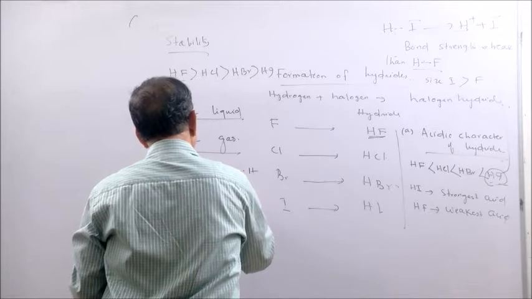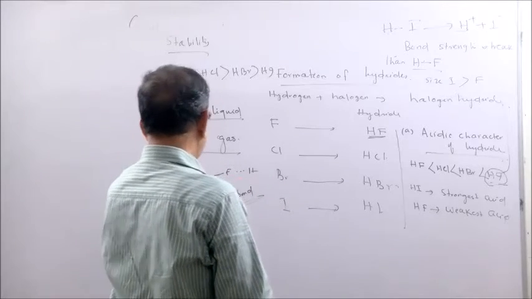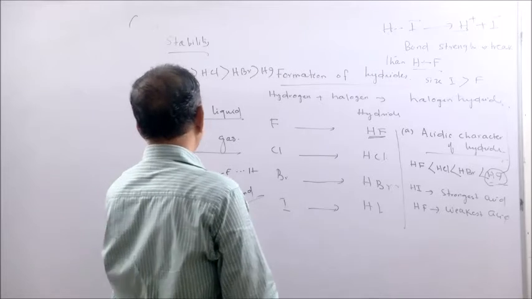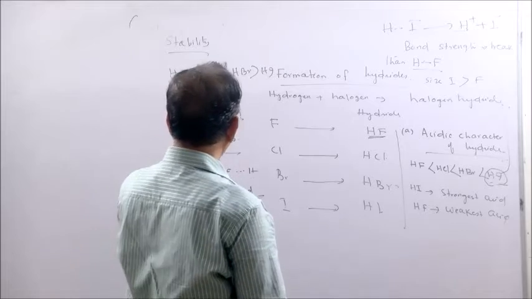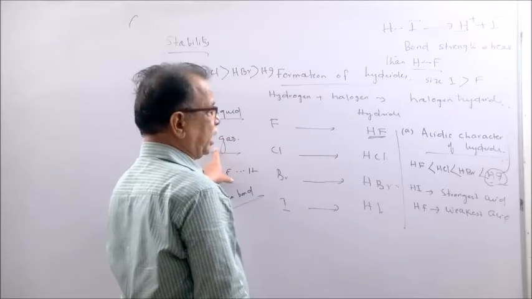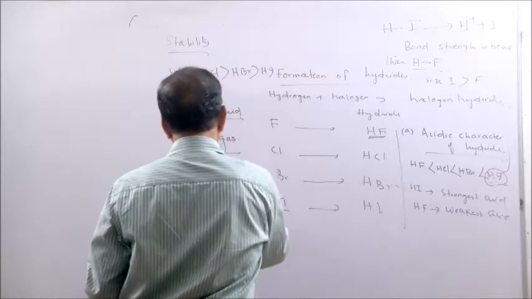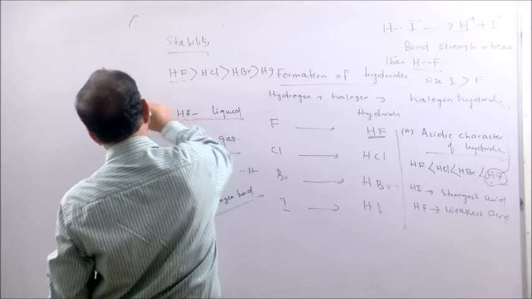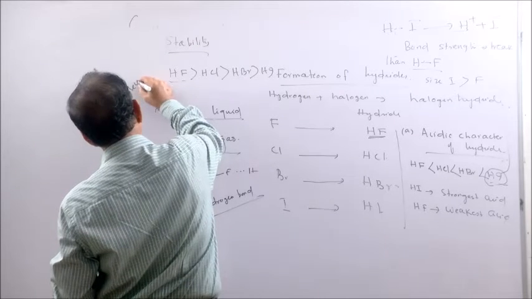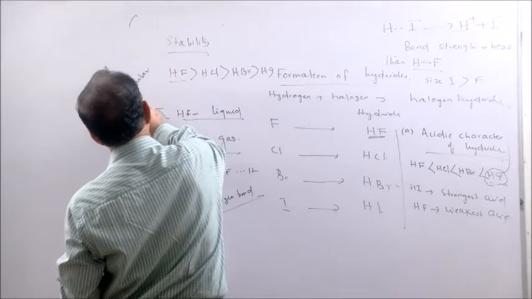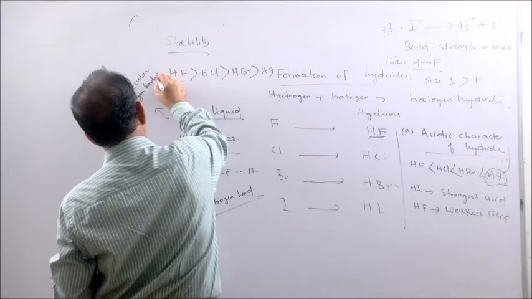Since fluorine forms hydrogen bonds, the strength between the molecules increases, it becomes stronger. Hence, due to hydrogen bonding, HF is a liquid and HCl is a gas. That is only due to intermolecular hydrogen bonding.